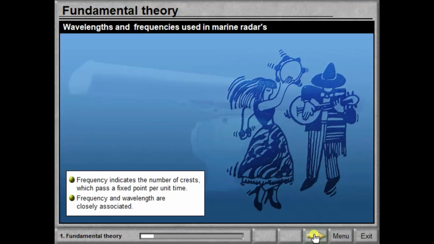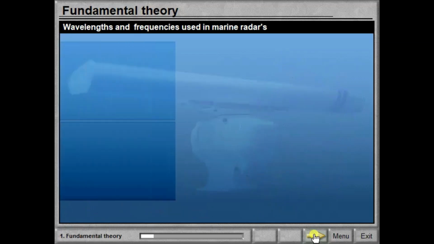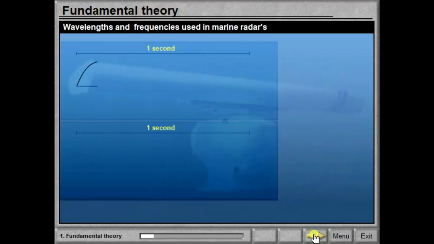If the wavelength is long, that is, the distance between the crests is long, comparatively few crests will pass the fixed point per second, and the frequency will be low. If, on the other hand, the wavelength is short, more crests will pass the fixed point per second, and the frequency will be higher.